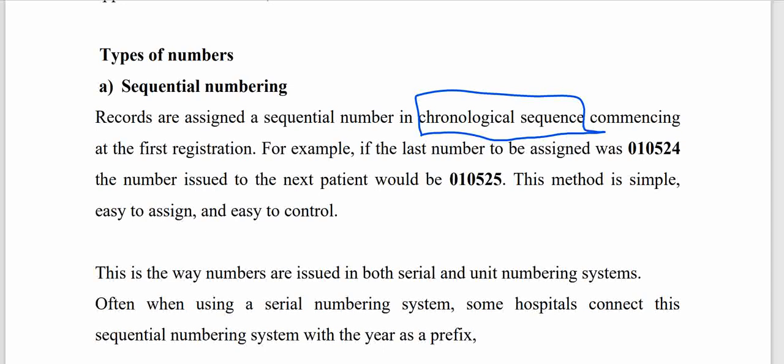For example, the last number to be assigned was 0, 1, 0, 5, 2, 4. That is the last. So the next patient is going to be given number 0, 1, 0, 5, 2, 5.